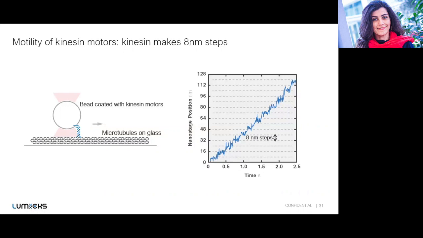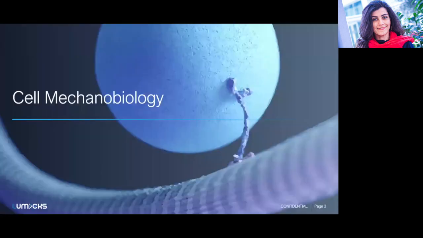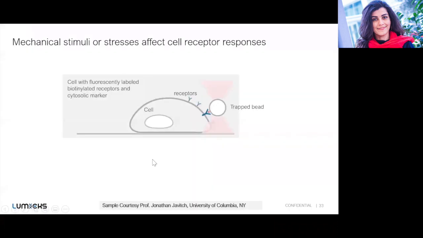So now that we talked about motors and filaments, I want to move to another section where we want to see how we can use C-trap to study cell mechanobiology. So for example, we can use a trapped bead to apply force to the membrane of the cell to see how the cell responds to that.